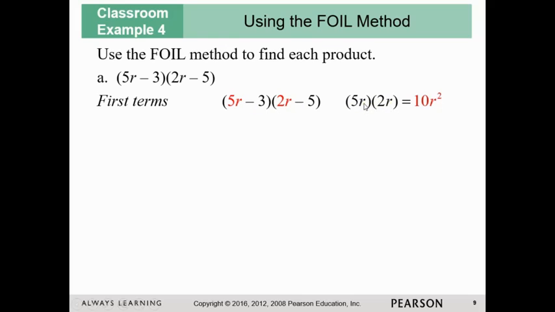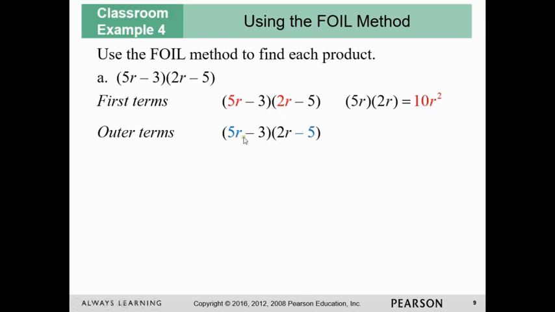This is r times r is r squared. This is the same thing as the product rule. This is r to the first. This is r to the first. What we do is add our exponents. So again, remember to square your variable when you FOIL.